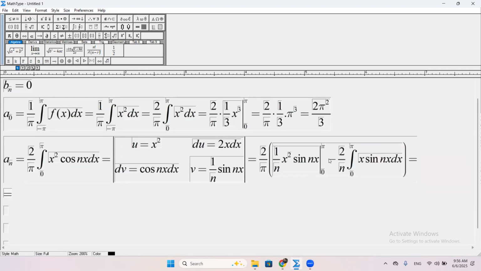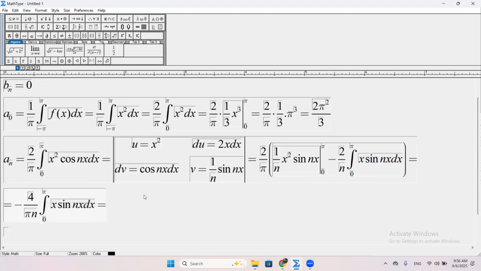What will we receive? This product will be equal to 0 because of sine of nx. Sine of pn is always 0. And we will expand the brackets a little bit. So what will we have? Minus 4 over pn multiplied by this integral.